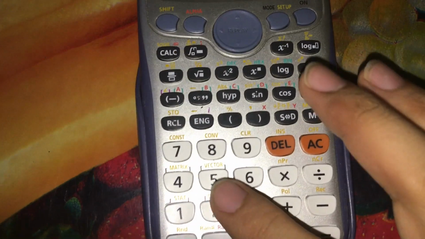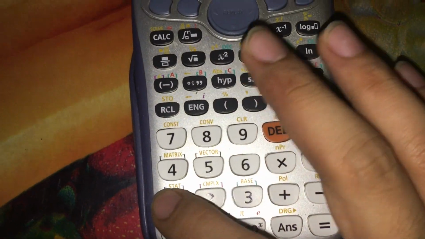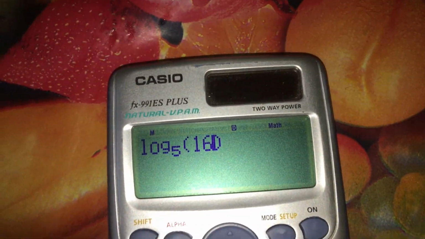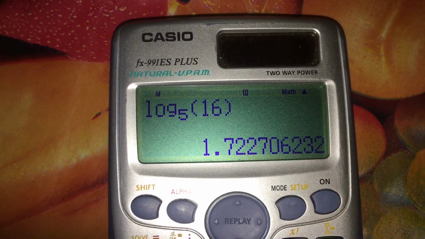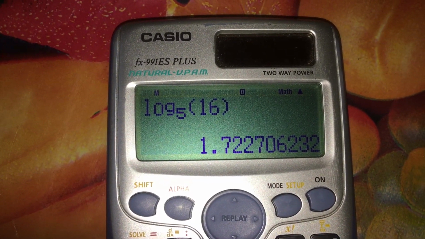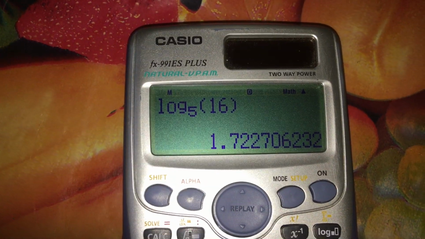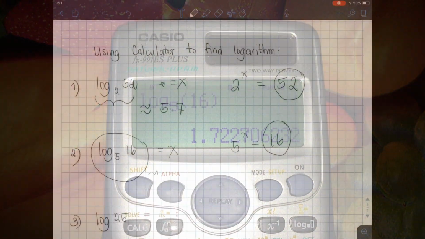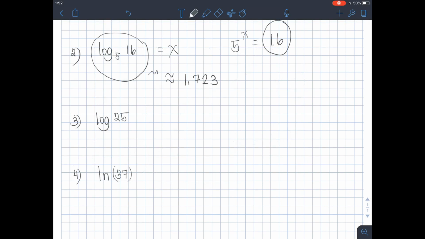Then, base 5 tayo. And then, yung power natin ay 16. So, press equal sign. The answer is 1.722706232 or approximately 1.723. 3 decimal places. Okay? So, the answer is approximately 1.723.